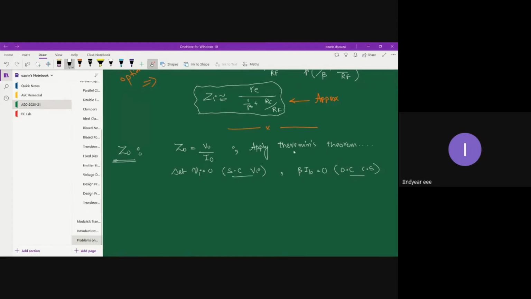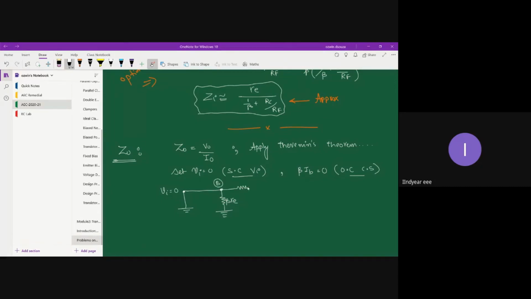Now, when I apply Thevenin's theorem, what I get is the equivalent circuit. Observe carefully. Your Vi is set to 0, so you have a direct short at the input terminal. Across Vi you have beta RE, and this is your base terminal.